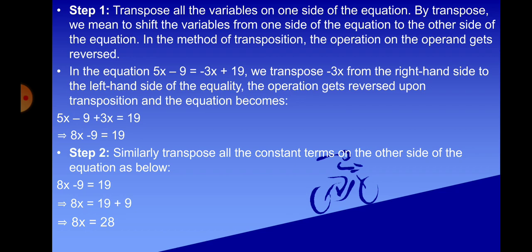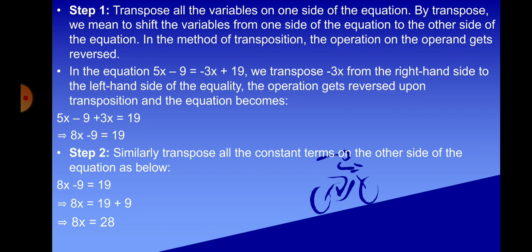The operation gets reversed upon transposition, and the equation becomes 5x - 9 + 3x = 19, so 8x - 9 = 19.